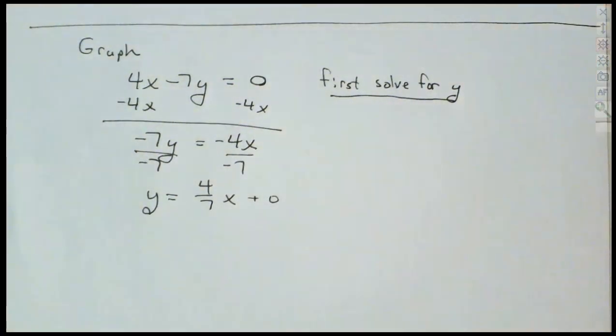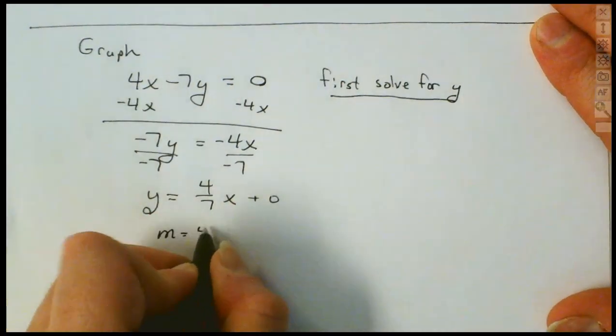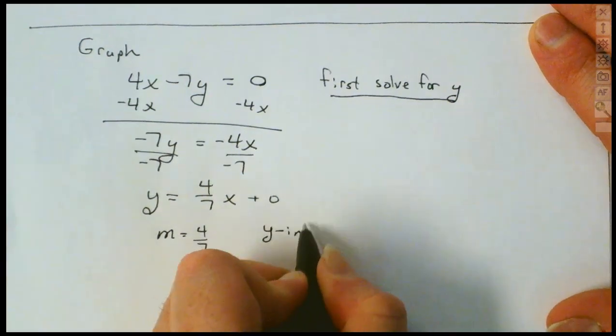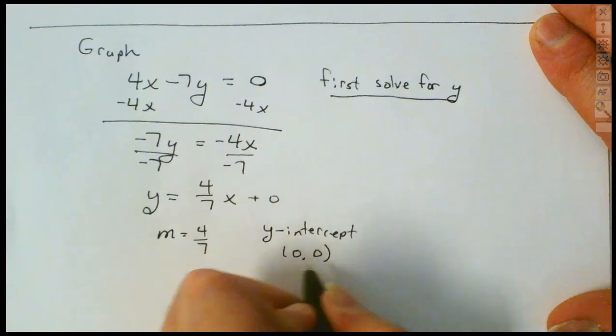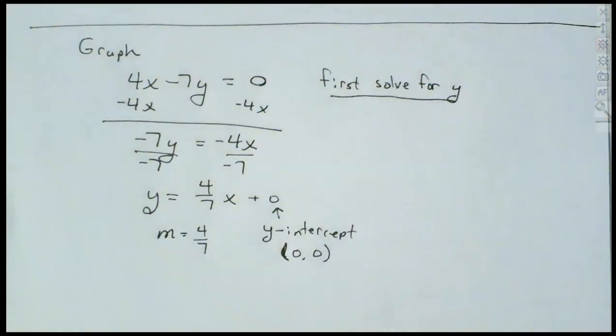We don't need to, but it's there. So what's my slope? 4/7. What's my y-intercept? 0, 0. So the y-intercept goes with the number on the end, and if there's no number there, we just add in a 0.